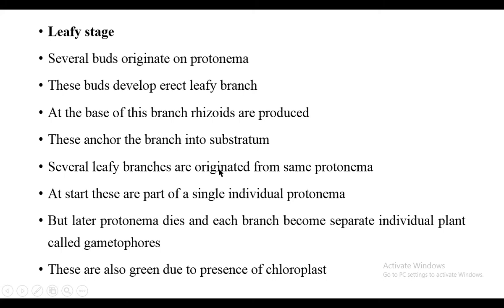Several leafy branches also originate from the same protonema. At start, these are part of a single individual protonema, but later the protonema dies and each branch becomes a separate individual plant called gametophyte. They are also green due to the presence of chloroplast.